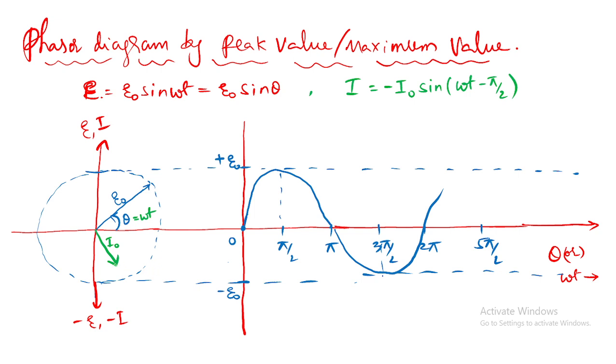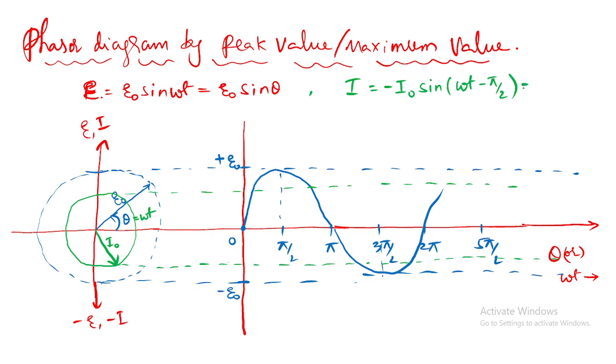So you draw one small rotating vector of this kind. Yes or no? Now we will make the peak values of the currents like this. Right, buddy?